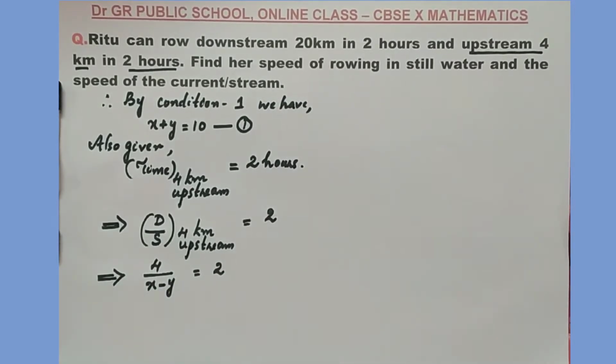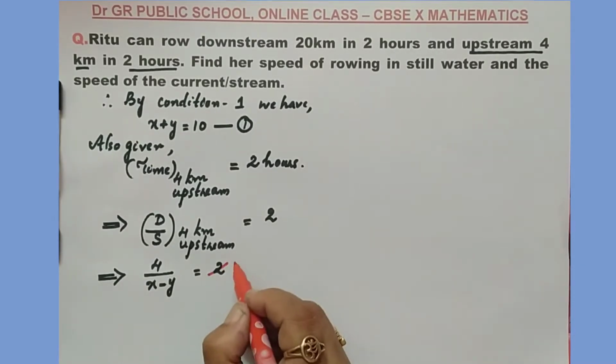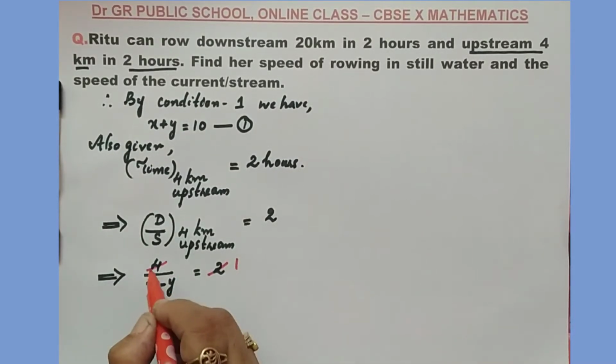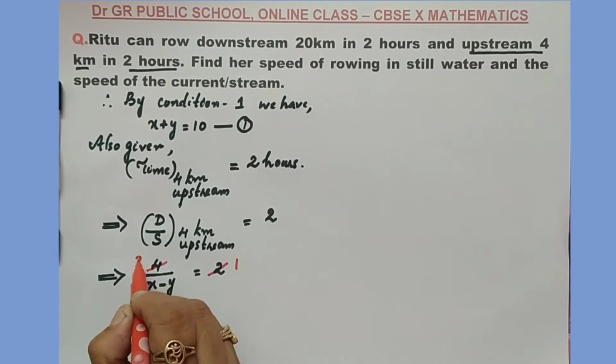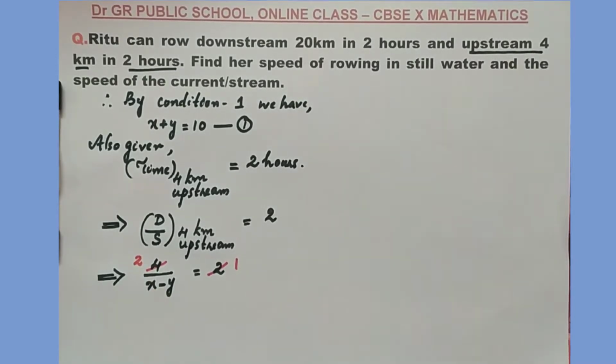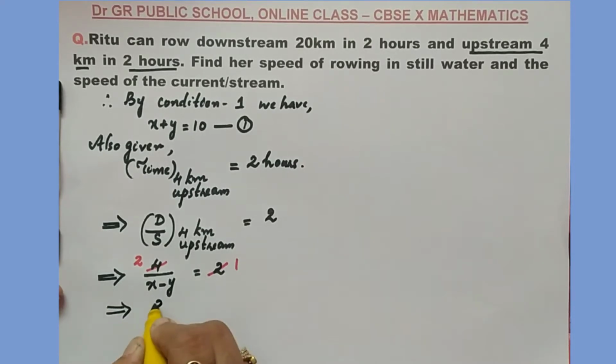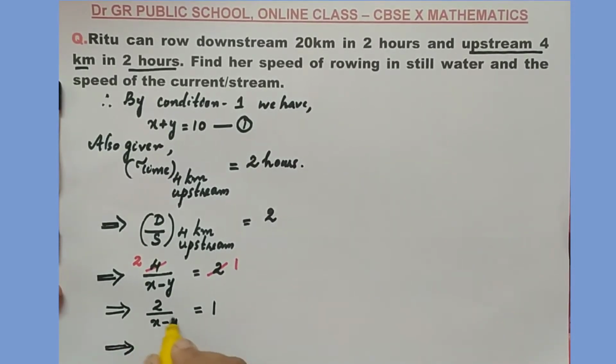Look at the cancellation. On the right side, you can cancel with a 2, and on the left side the numerator can cancel with a 2. You get 2 divided by x minus y equals 1 on the right side. Cross multiply, you get x minus y equal to 2.